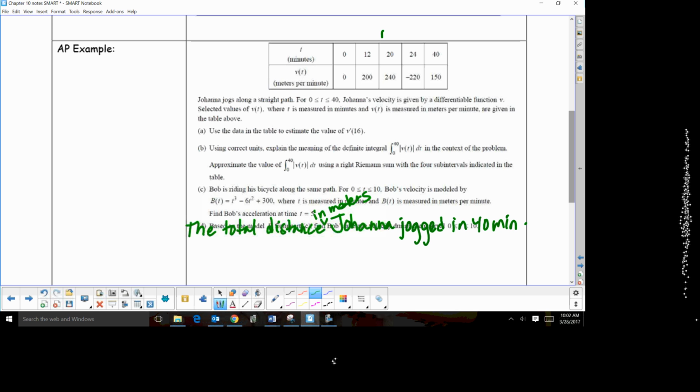Who can tell me the tricky part on this one? What's the tricky part? The negative. And we are in the absolute, right? So we want the total distance.